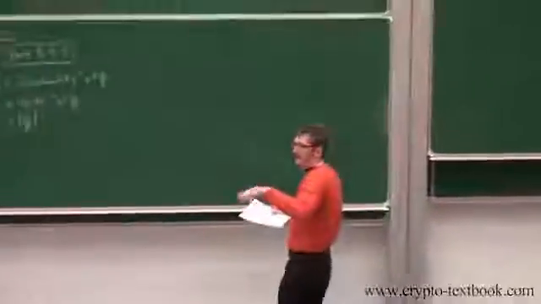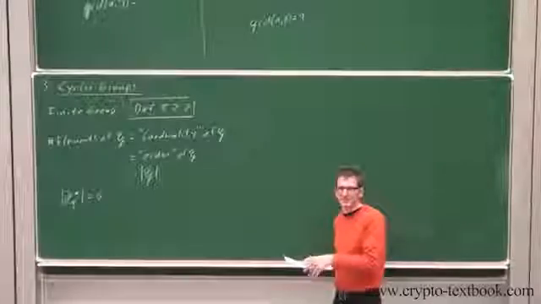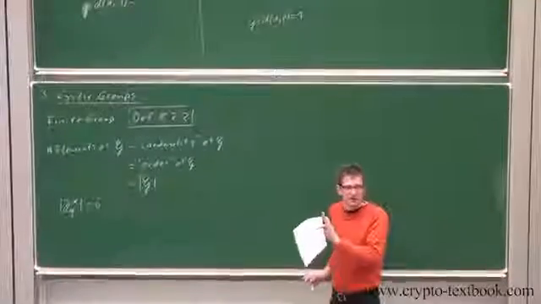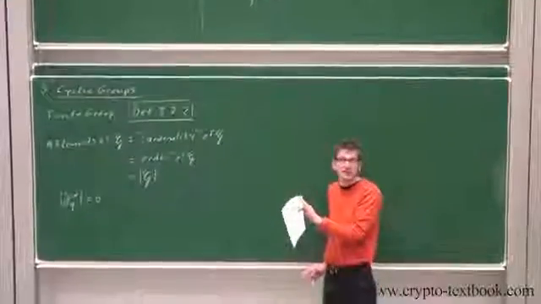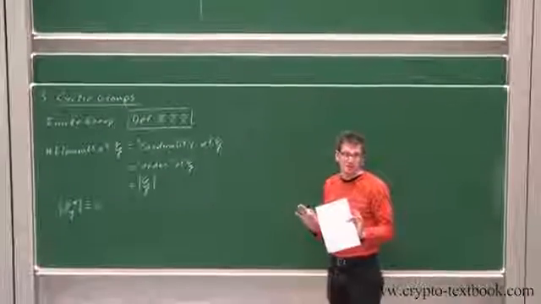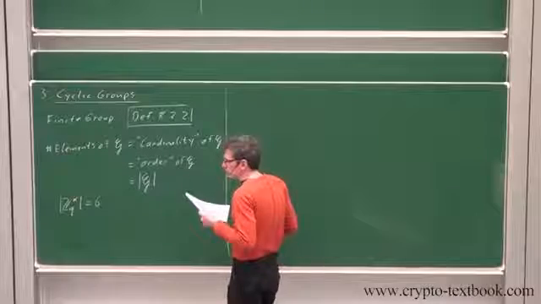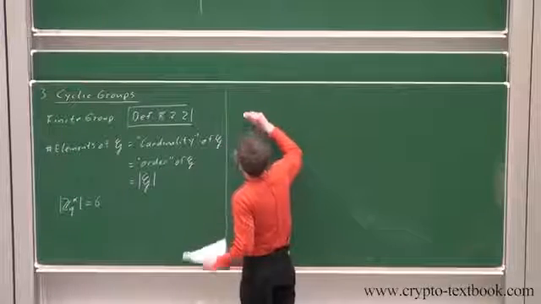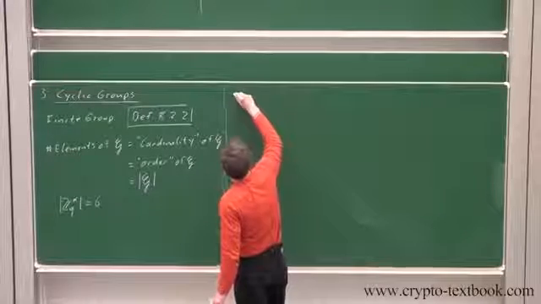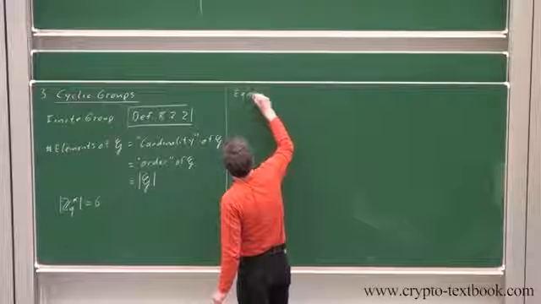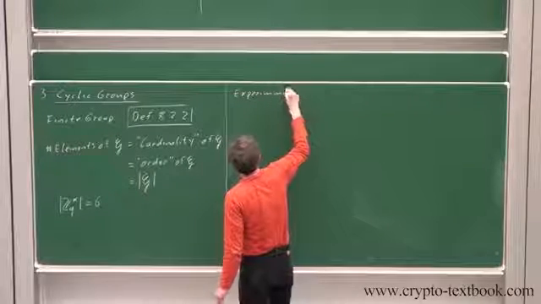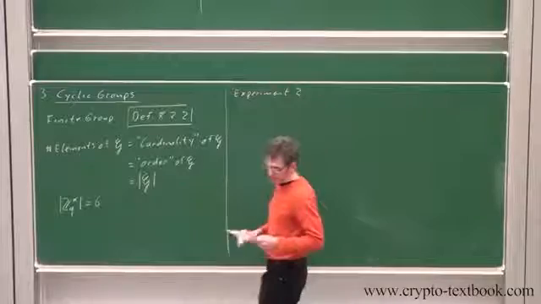But this is just warming up, okay? Now actually what comes in the next 20 minutes or so is the most important part of this lecture today. Let's do an experiment. Experiment number 2 for today.